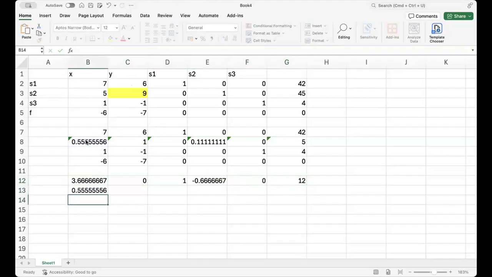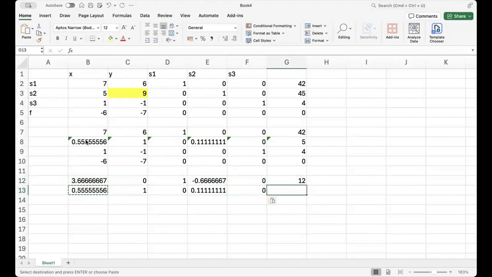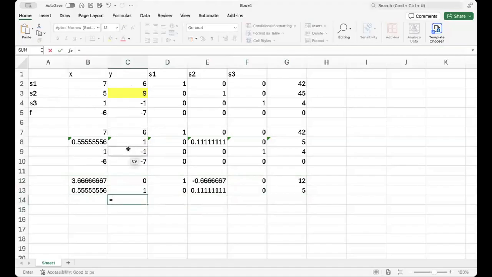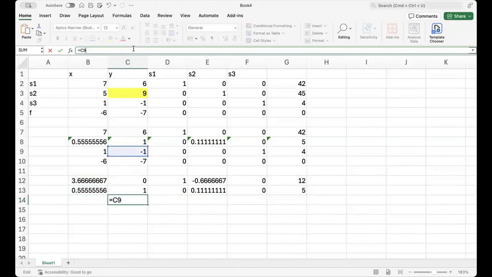The next row, because this is our pivot row, we don't do anything. Okay? And the next one, this element must be 0, right? So we start from this one, subtract by this element.